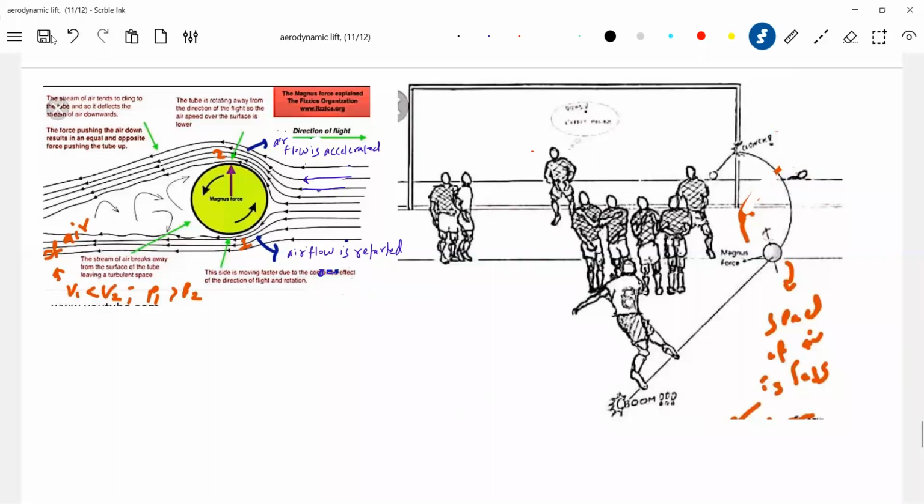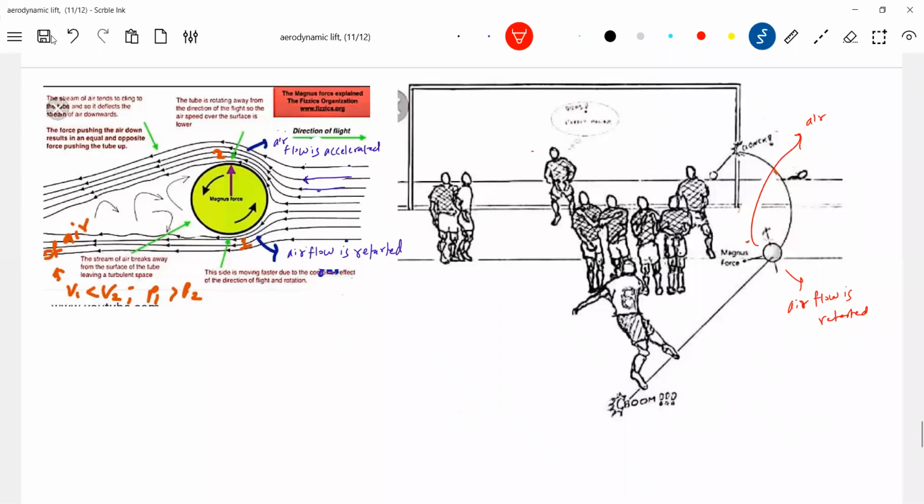Now first observe the diagram neatly. Airflow is retarded here. Here, airflow is accelerated. The Magnus force is shown. The weight, buoyancy, viscous drag will all be acting, but we are interested only in the Magnus force.